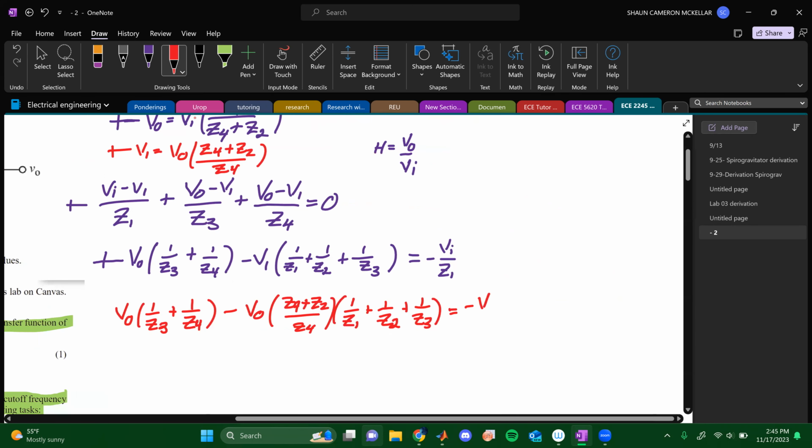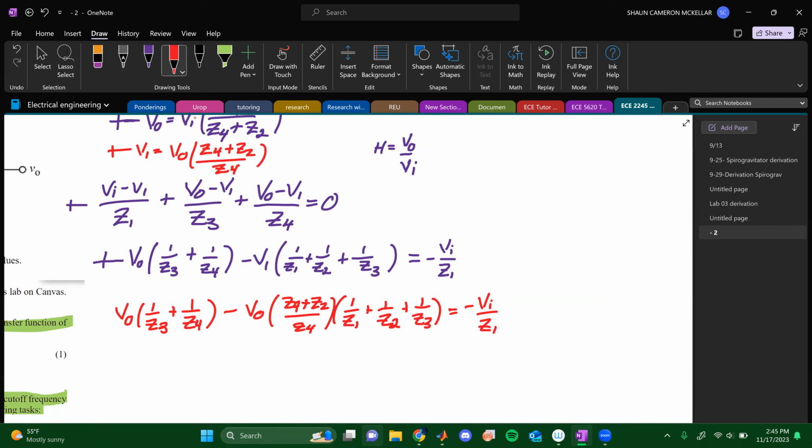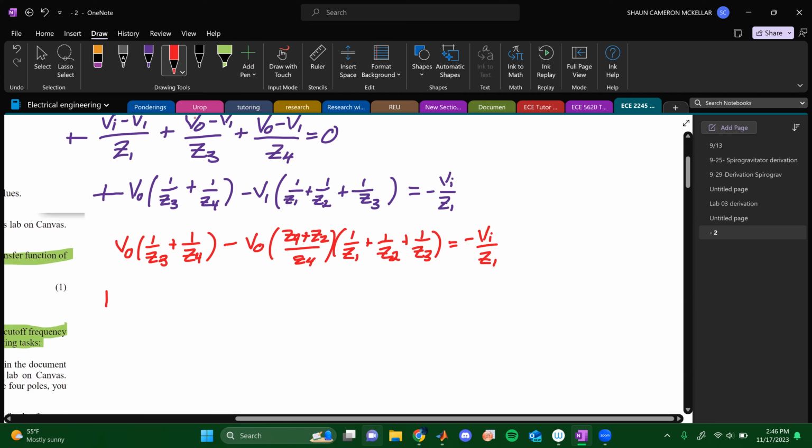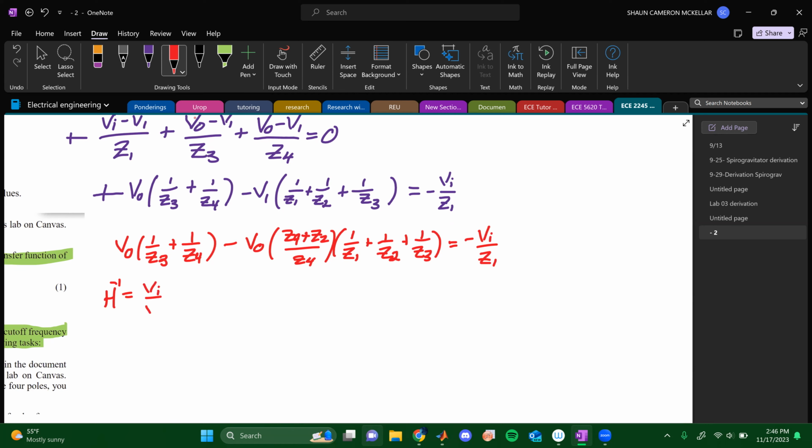That's equal to negative V in over Z1. So now I can see that I can easily just factor out my V out term from both of these, and I could divide it over. So if I do that, I would realize that H inverse is equal to V in over V out, and I can easily solve for that right now. I'll also have to multiply the negative Z1 over.